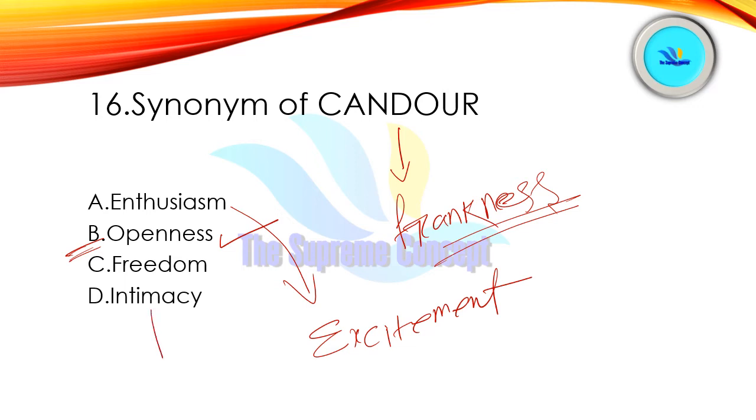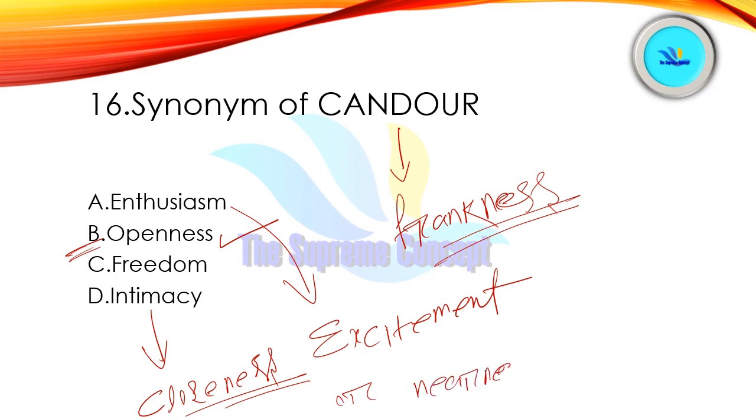Intimacy means closeness, or nearness. Alright, so candor means openness. So option number B is the correct answer.